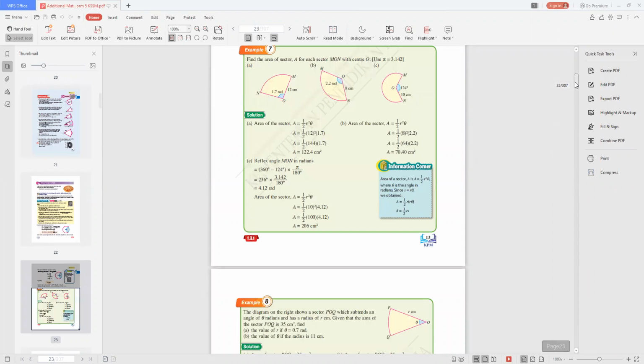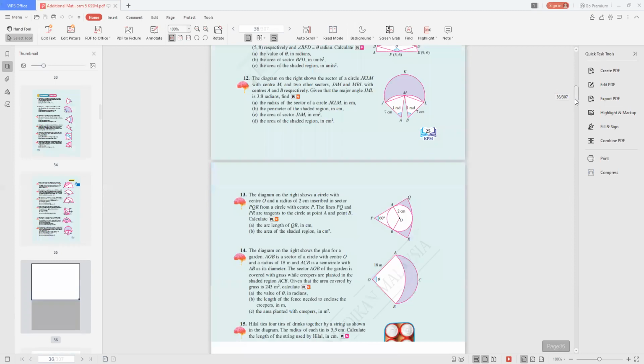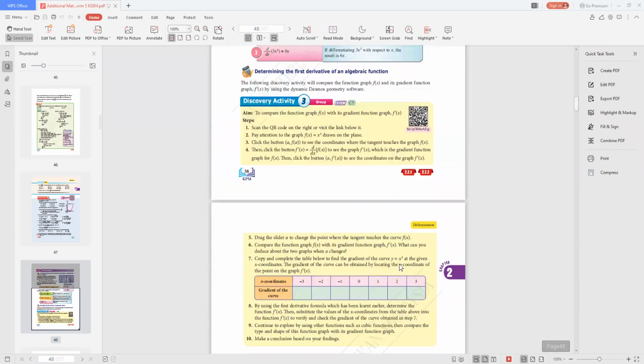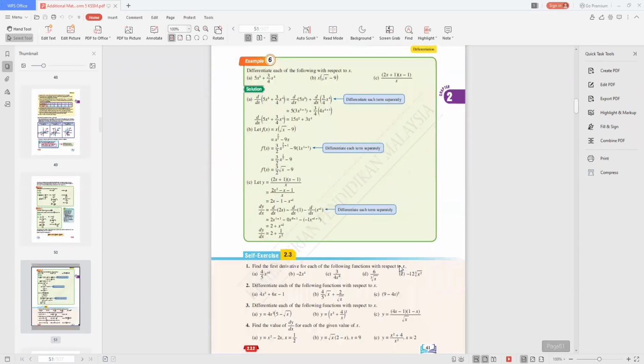So this is the homework for today. Before I dismiss you, we look at the homework for today. Still very slow, right? Okay, limit. This one we have done. Homework for today is this one.